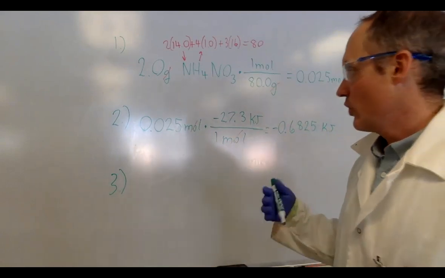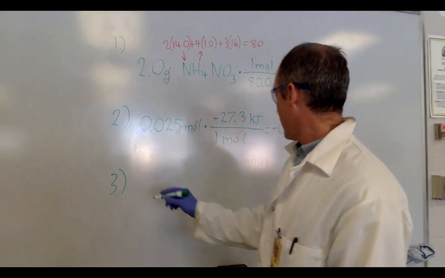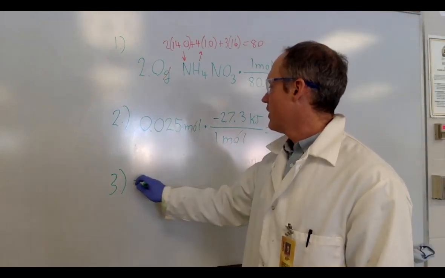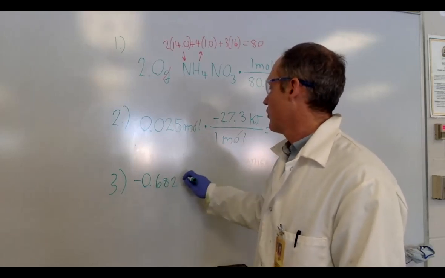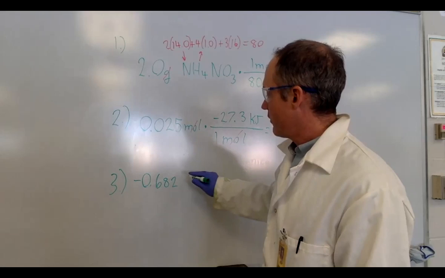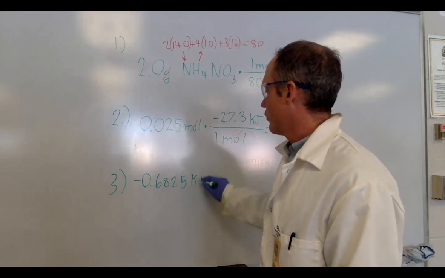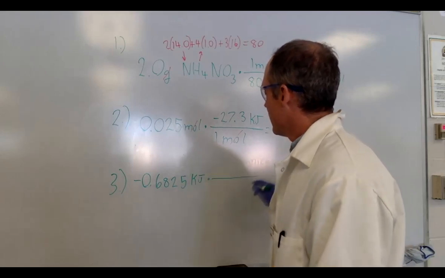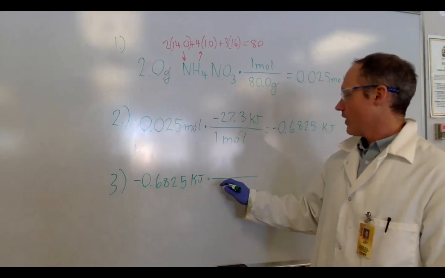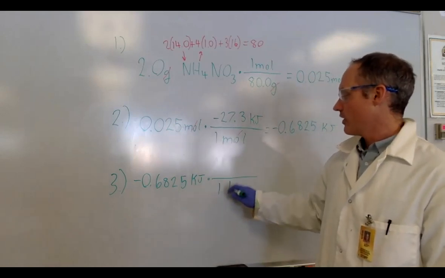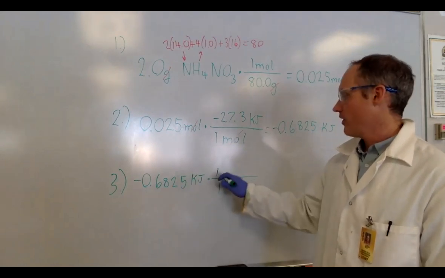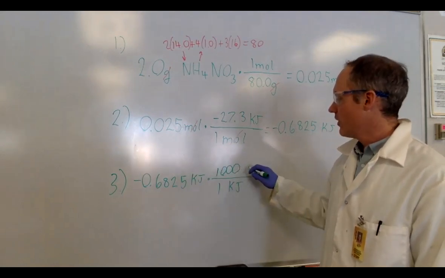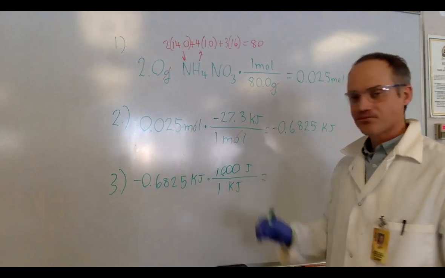In pre-lab exercise number 3, we're supposed to convert that kilojoule answer to joules, because our lab will be calculating joules. So we have 0.6825 kilojoules, and again, I need my units to match so they cancel: 1 kilojoule is equal to 1,000 regular joules.